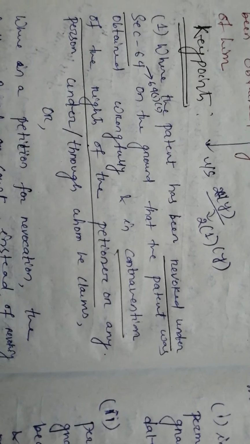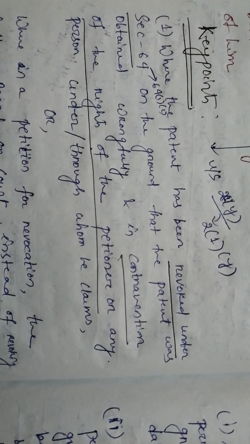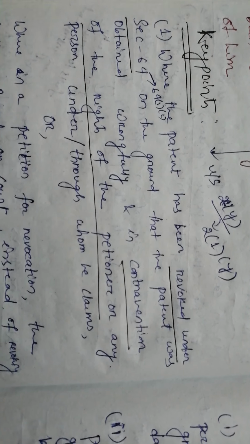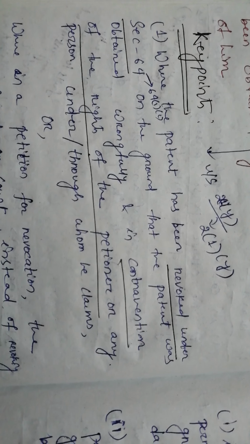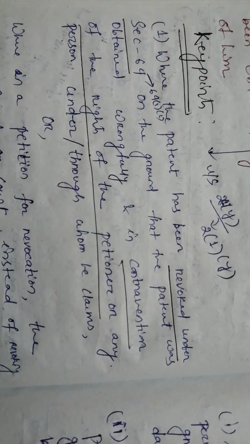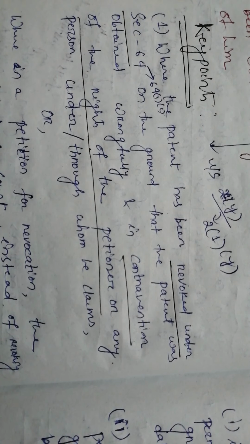Subsection 1 says, where the patent has been revoked under Section 64(1)(c) on the ground that the patent was obtained wrongfully and in contravention of the rights of the petitioner or any person under or through whom he claims.